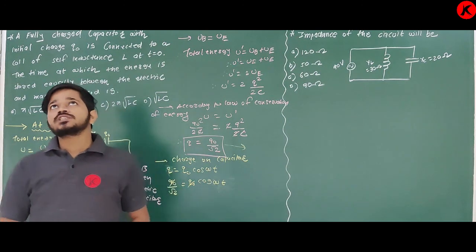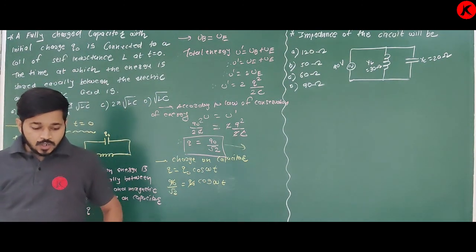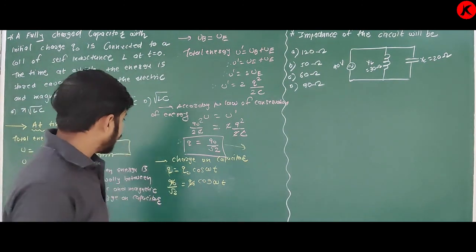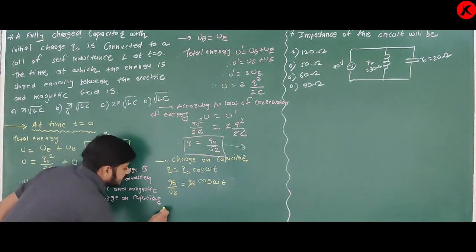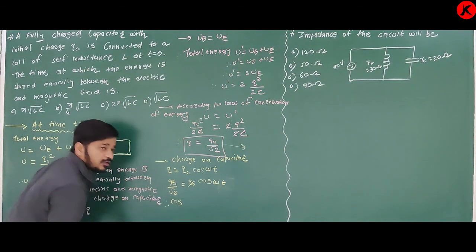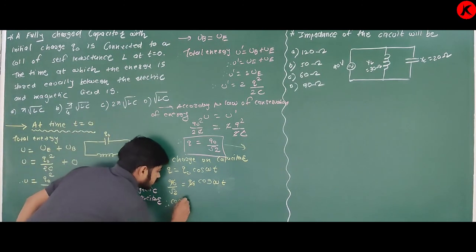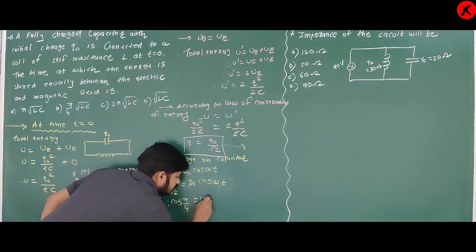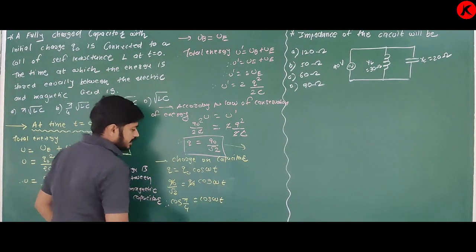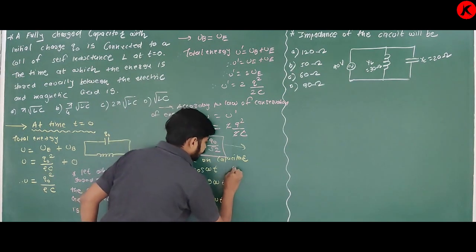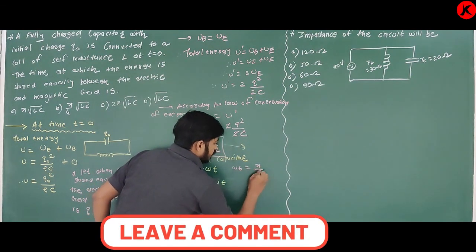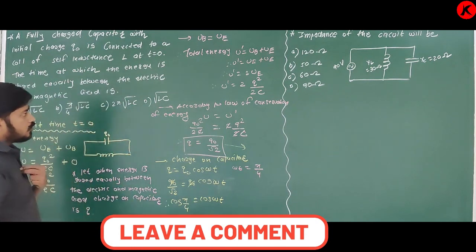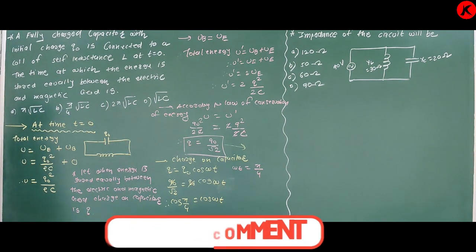You know that cos 45 is equal to 1 upon root 2, so cos pi by 4 is equal to cos omega t. So I can write omega t is equal to pi by 4.